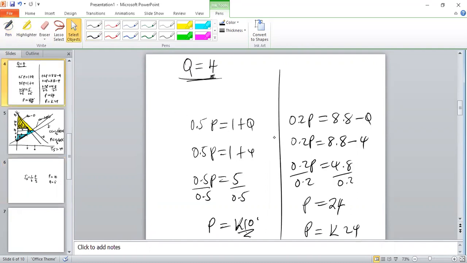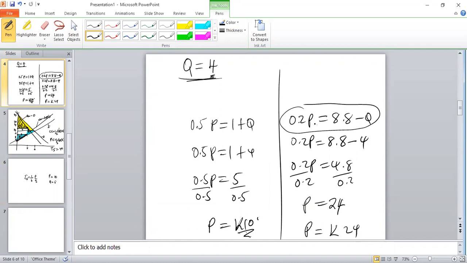Then you go to the equation. Since it's the demand, your focus should be the demand equation. For you to get the value of B, you have to make P the subject of the formula. You can't get B directly from this one.